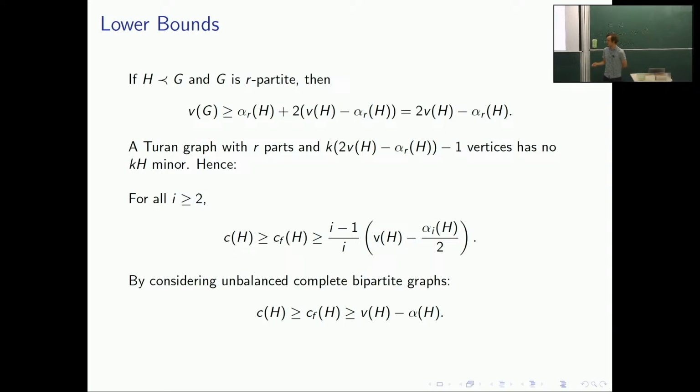So we can get a lower bound this way as well. And these are basically the best lower bounds we know for the general problem. And they are lower bounds for the fractional extremal function, but the fractional extremal function is itself a lower bound for the extremal function always.